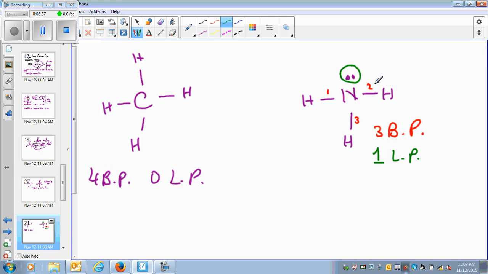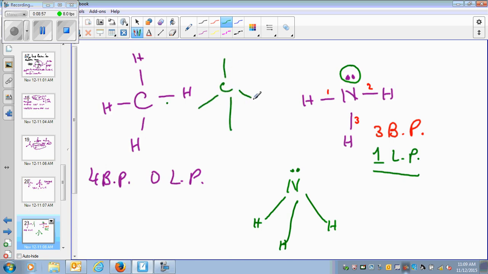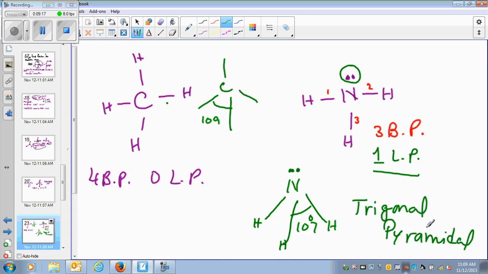So this one lone pair is going to take more space on the central atom and squeeze the bond pairs inside. So you will see that the angle that I had for CH4, which was 109, will go down to 107 because the lone pair has squeezed it. This is called trigonal pyramidal, and the angle goes down to 107.